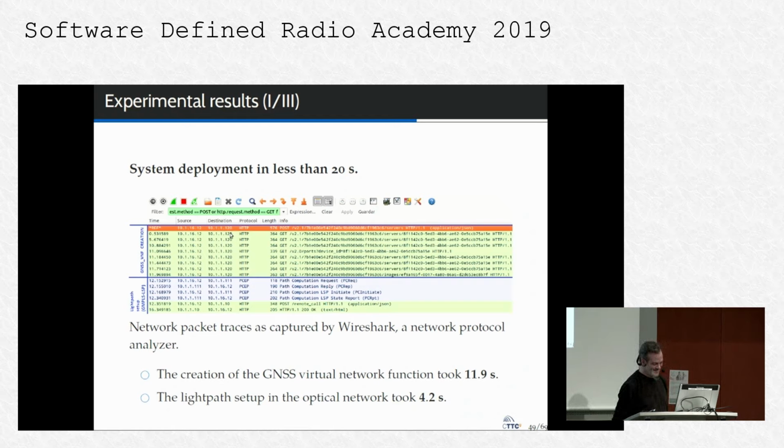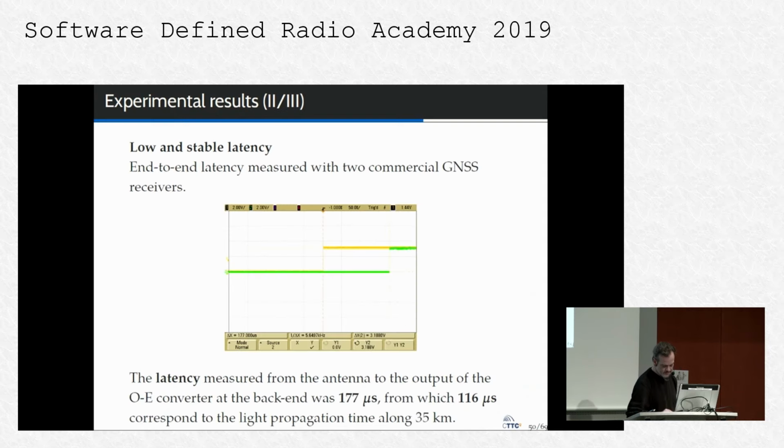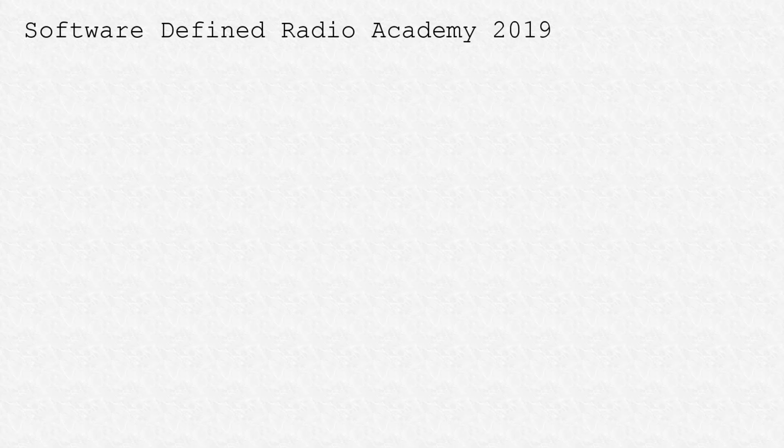Those numbers look a little bit off to me, in the sense that you are calculating with the speed of light, whereas in fiber, light only goes at about 2/3 of the speed of light. So actually all those 177 microseconds are your propagation time. Yeah, you're right. That's true. The thing that I wanted to convey in this slide is that this measurement is quite stable over time. This is important, because if the latency is moving, you have a problem. Yeah, maybe we should take that one offline.